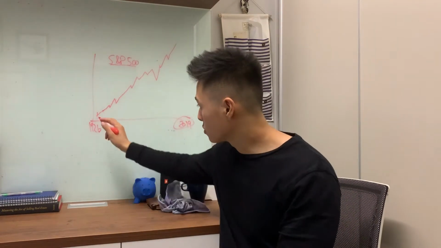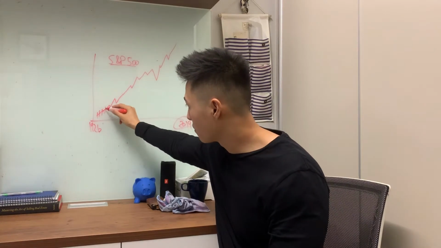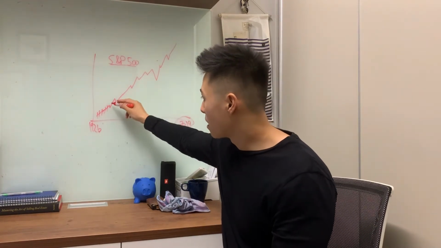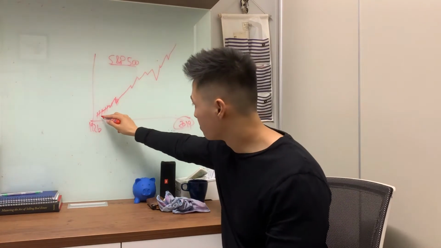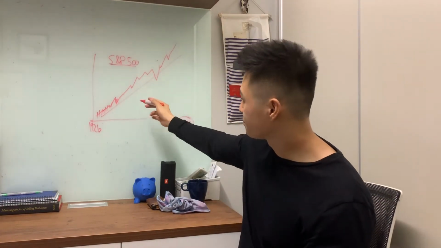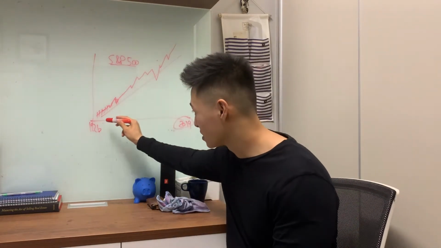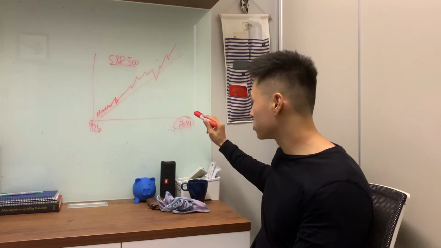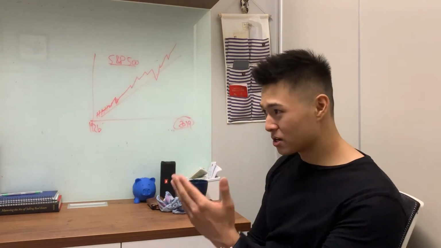So this is where it started in the first year. As it progresses, second year, third year, fourth year, fifth year, there are bound to be the years where it's down, right? But if you invest long term, the graph is going up. And in this upward trend that started from 1926 all the way until now in 2020, it has averaged about 8 to 10% year on year increase.